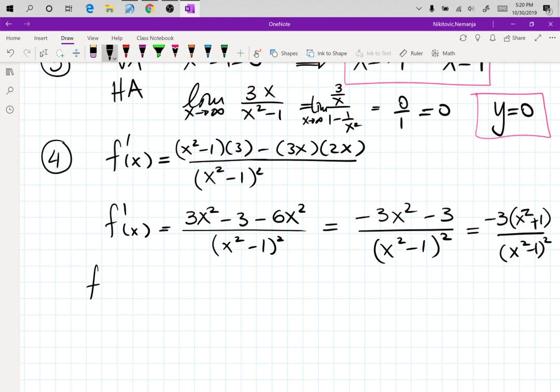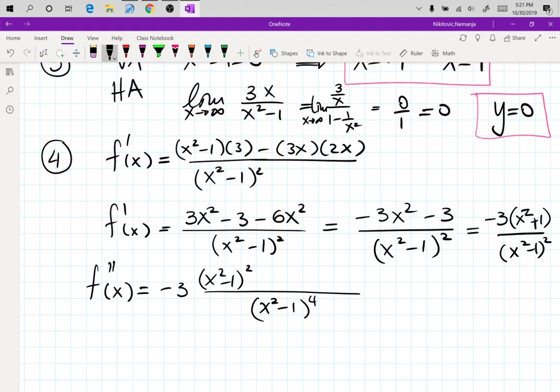Second derivative. When you factor out negative 3, that's a plus 1 over there. Well, tears. Negative 3, and then we do the quotient rule. We have our x squared minus 1 to the 4th now, because you have to square it. Then we have your x squared minus 1 squared times the derivative of the top.